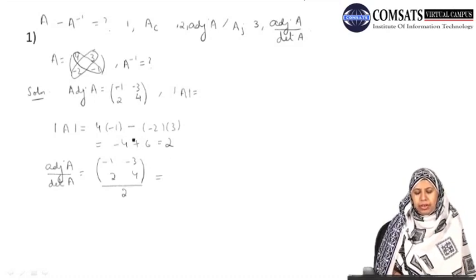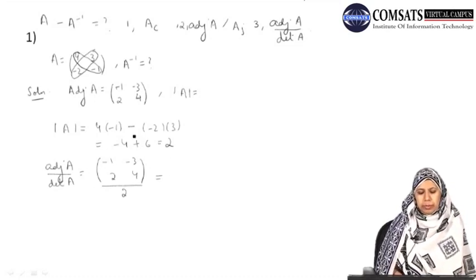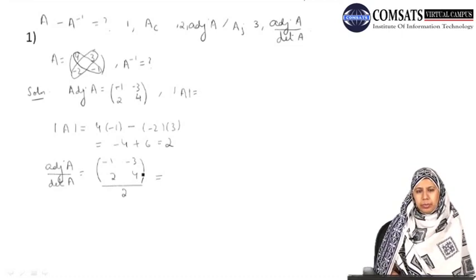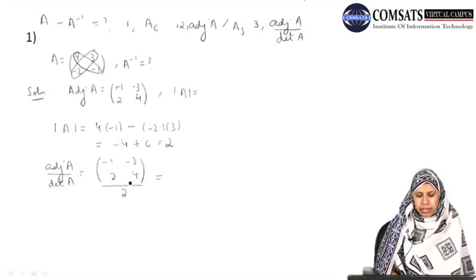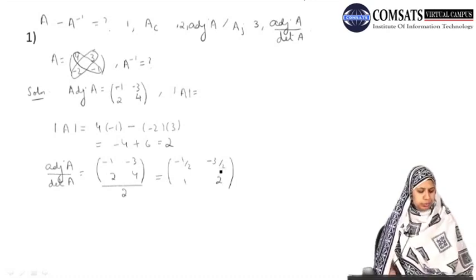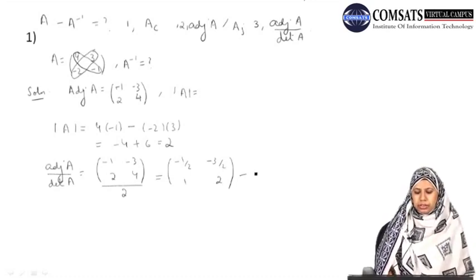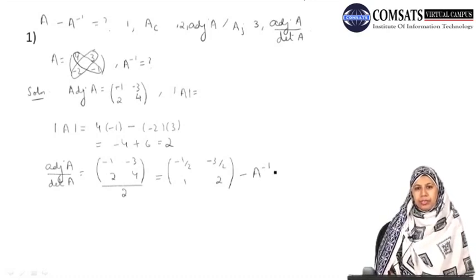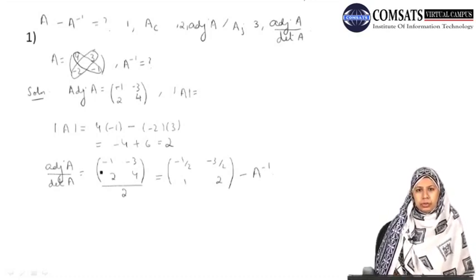Dividing by 2 is nothing but multiplying our matrix by the number 1 by 2, which means each entry will be multiplied by this scalar 1 by 2, and we obtained -1 by 2, -3 by 2, 1 and 2. So this is the inverse of our given matrix of order 2 by 2.